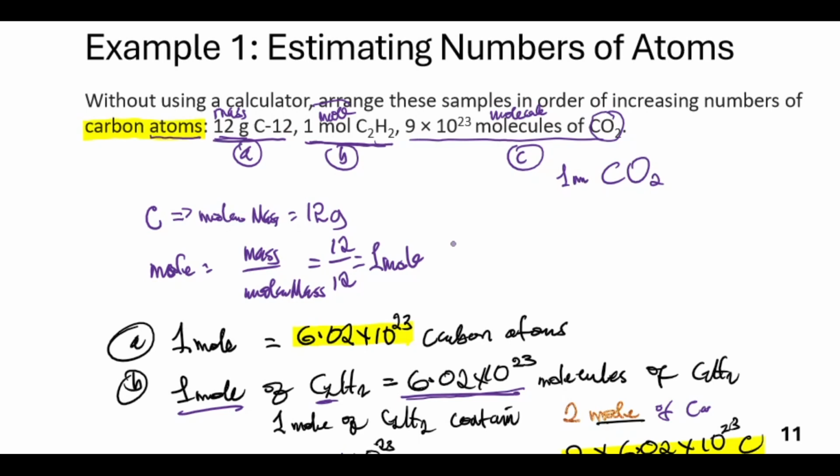If you want to interpret this in terms of oxygen atoms, it contains 2 moles of oxygen atoms, because 1 carbon and 2 oxygen atoms are inside 1 mole of carbon dioxide. So it is 1 mole to 1 mole. If this is 9 times 10 to the power of 23, this will also be 9 times 10 to the power of 23.